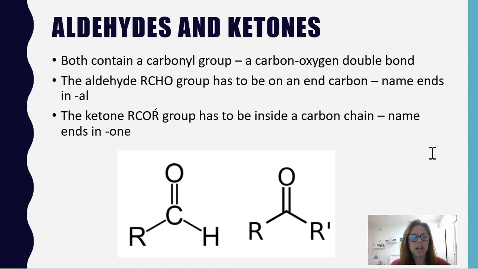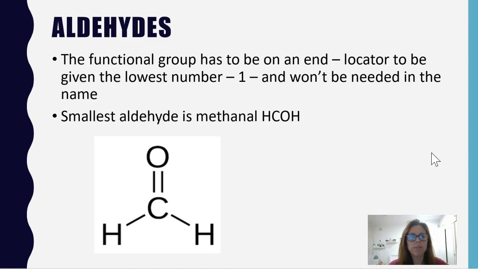Now, when we look at our aldehydes, we've already said that the functional group has to be on the end. That's where it's located, so it's always going to be given the number 1. In that regard, we don't need to say 1-butanal, because for it to be a butanal in itself, it has to be on that terminal carbon.